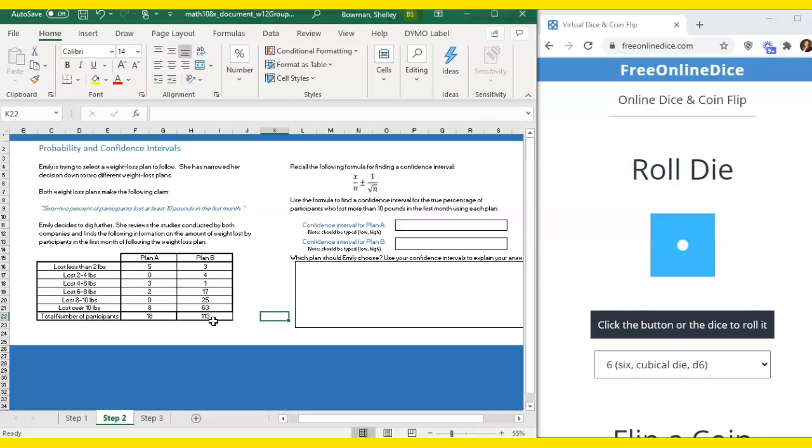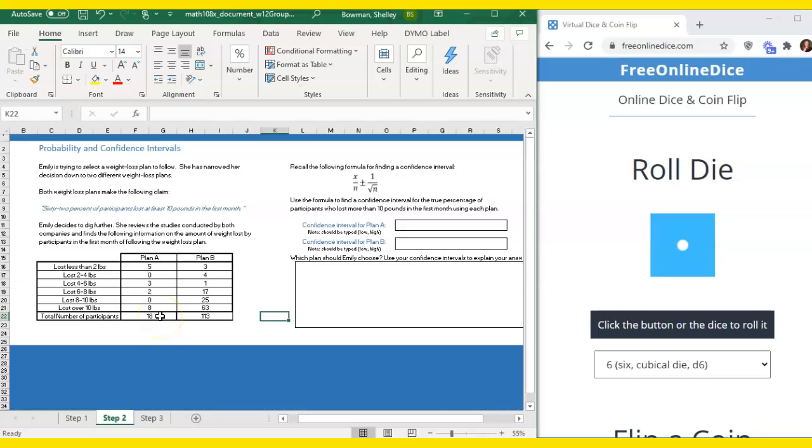So the first thing we want to do is find a confidence interval for the population. Remember, over here we have these sample sizes, and if we talk about it in terms of a very large amount of people, the actual interval will be slightly different than the percentage given to us here.